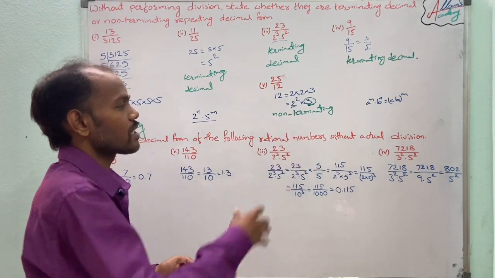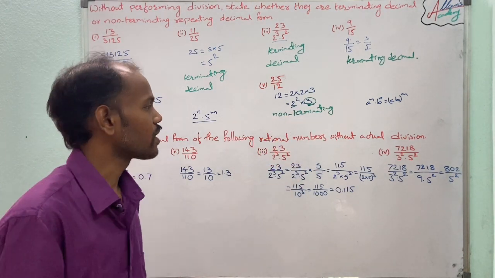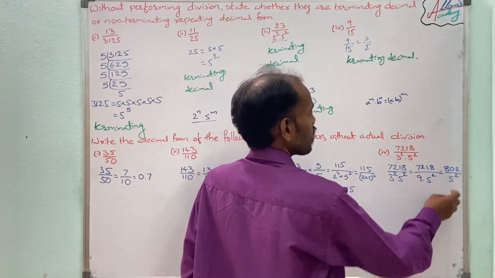Now we can simplify without actual division. In the denominator we have 5 square.